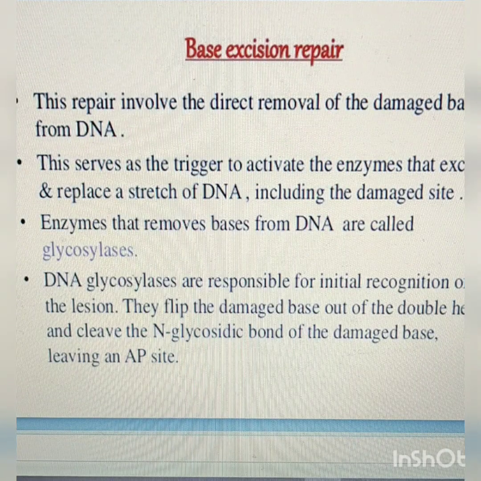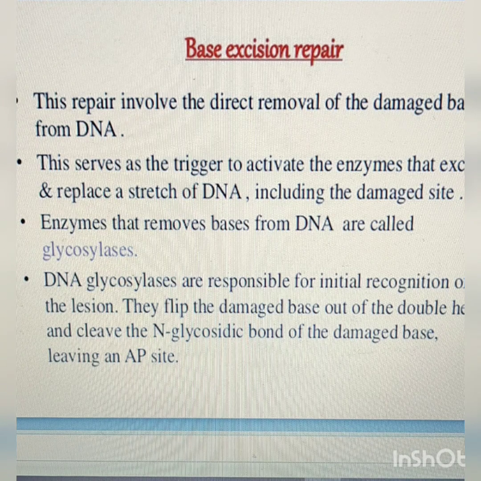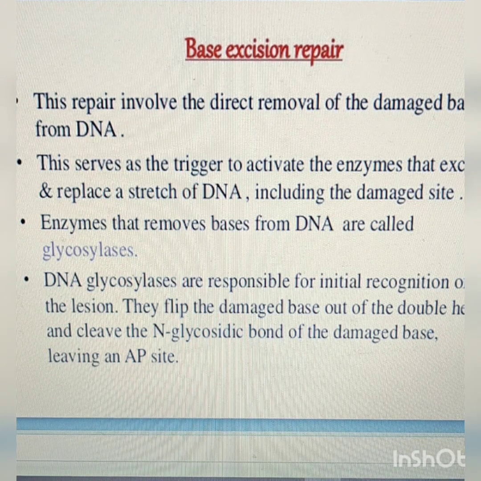At first, you will be learning the base excision repair. This repair involves the direct removal of the damaged base from DNA. This serves as the trigger to activate the enzymes that excise and replace a stretch of DNA, including the damaged site. Enzymes that remove bases from DNA are called glycosylases.